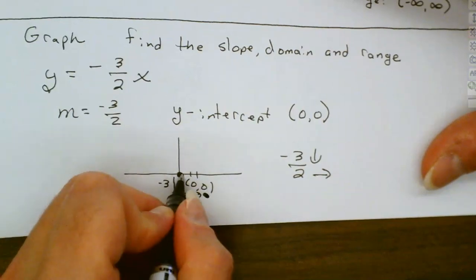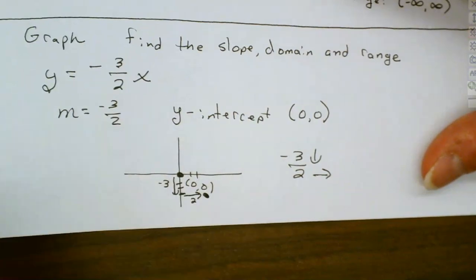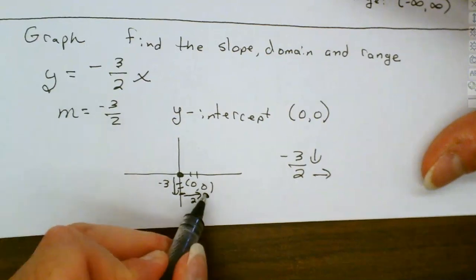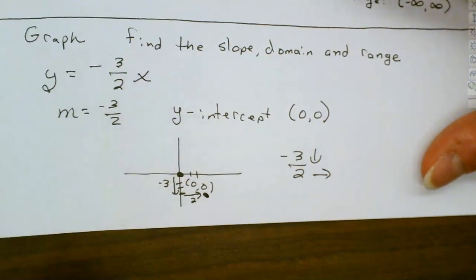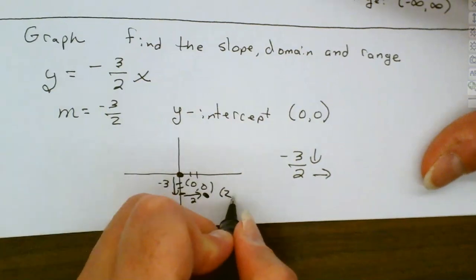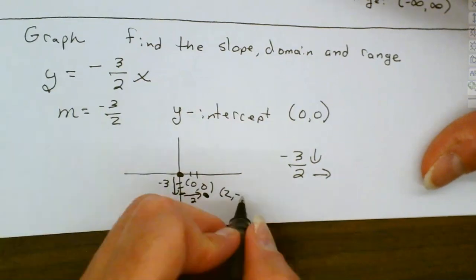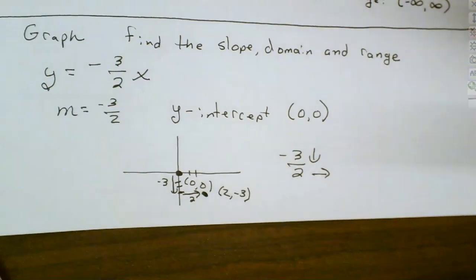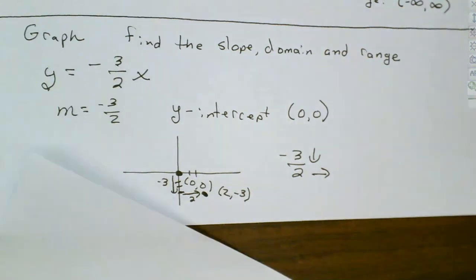You don't necessarily have to label these. If you want to just plot the point, connect them together, you can do that. But I like to label them. So my other point is going to be at 2, comma, negative 3. We can connect these together with our ruler or a straight edge here.